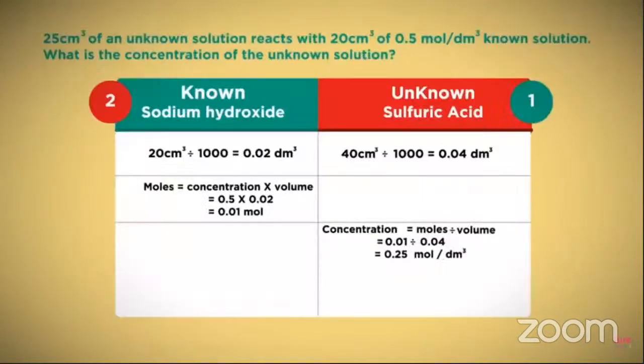So 0.25 is for 2 moles because we have so far assumed a 1-to-1 ratio. So we need to divide this by 2 to get 1 mole of sulfuric acid. So 0.25 divided by 2 is 0.125.